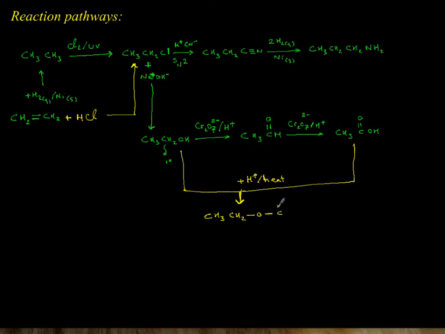You condense a molecule of H2O, and this is an ester linkage or ester functional group. The first name is from the alcohol, ethyl, and the last name is from the carboxylic acid, which is ethanoate.